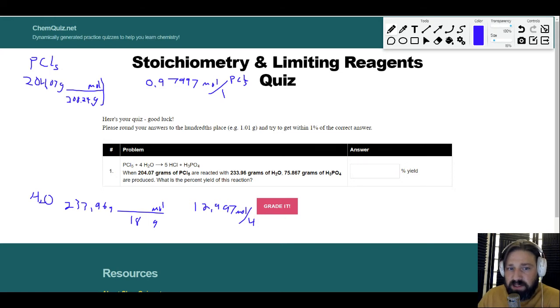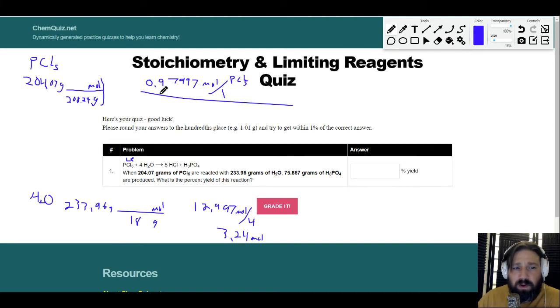The phosphorus pentachloride is going to be our limiting reactant. But let's double check. Yeah, this is our limiting reactant.